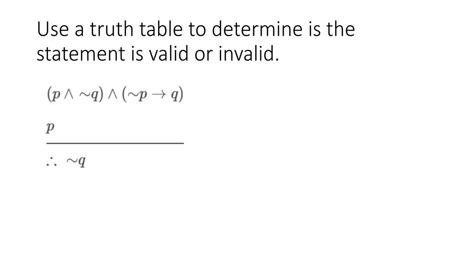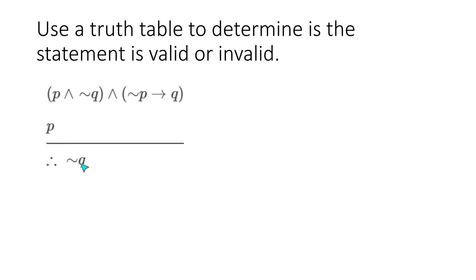Okay, so let's look at the next one. Use a truth table to determine if the statement is valid or invalid. For this one, we have premise 1 and premise 2 and our conclusion.